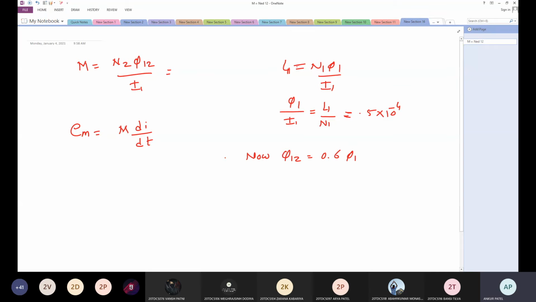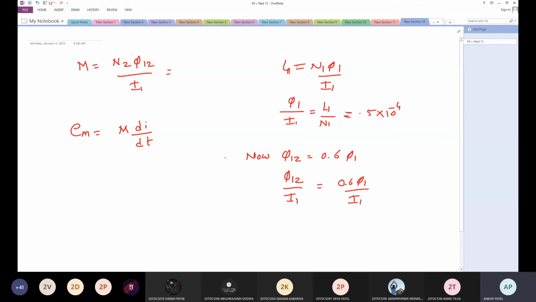So I am dividing both sides by I1. So phi12 by I1 is equal to 0.6 phi1 by I1. Can I write this? Yes or no? Yes, sir. Okay. So just substitute this phi12 by I1 in these equations.